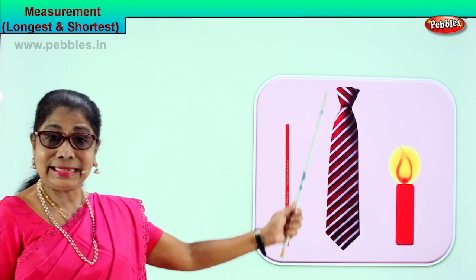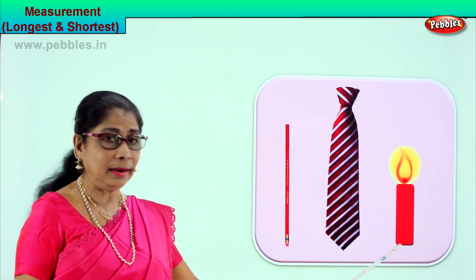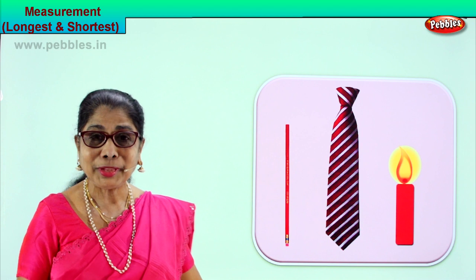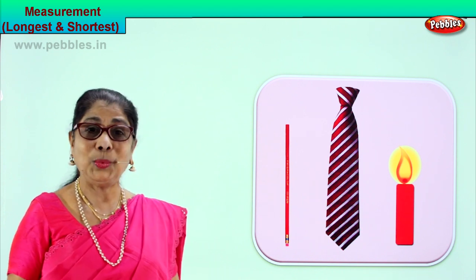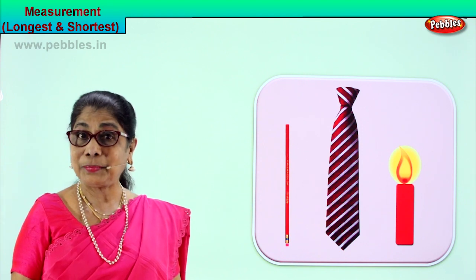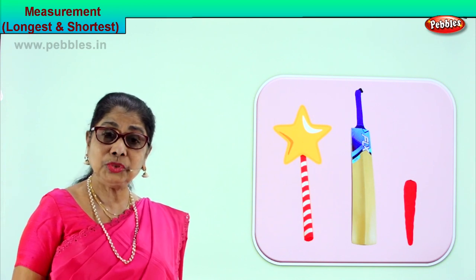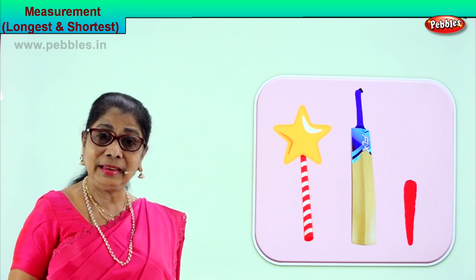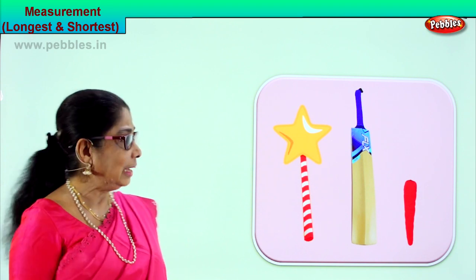In this, the tie is the longest and the candle is the shortest. Did you enjoy the exercise? Let's get on with another picture and three different other items. Good. You are learning to observe. You are learning to identify the shortest and the longest. Comparing the items given to you.